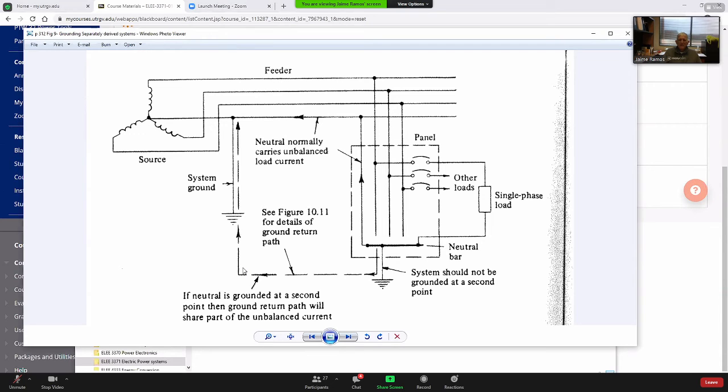We control where the currents go, and we do not let the currents choose their own path, because if that happens, then there may be unexpected consequences. The neutral is provided for the return current, so therefore, we do not ground the neutral a second time.